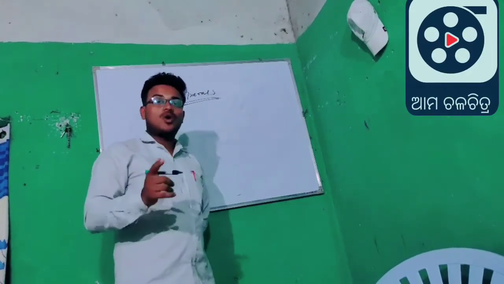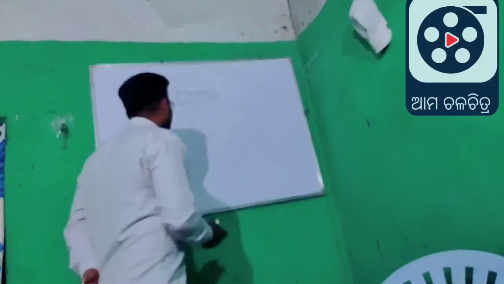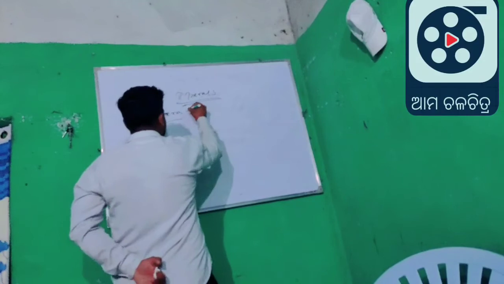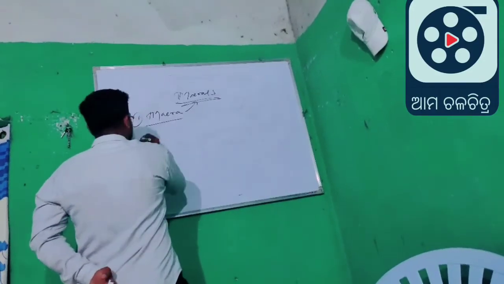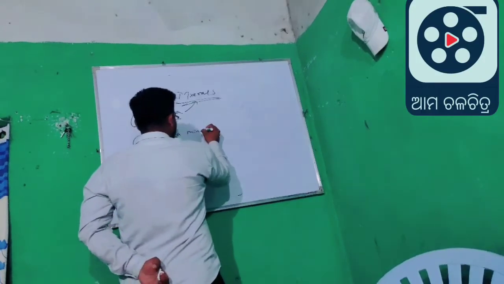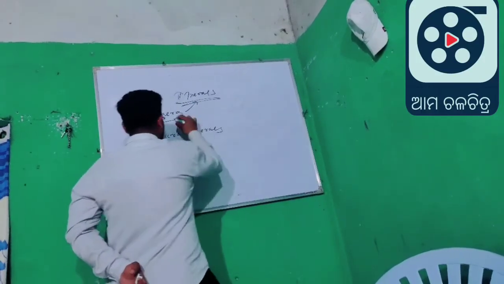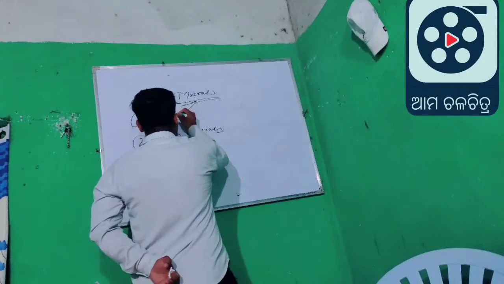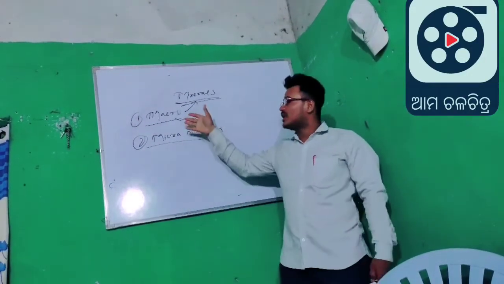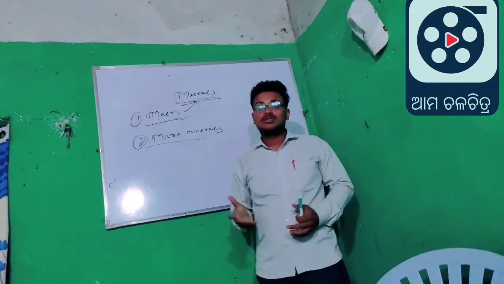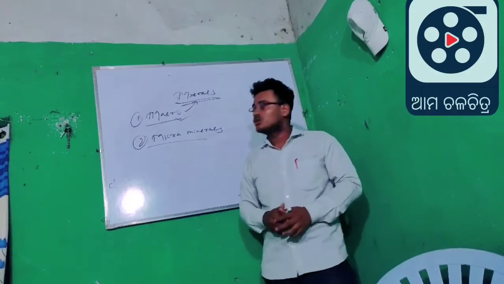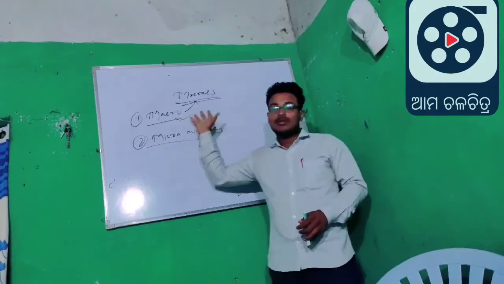Two types of minerals are there: macro minerals and micro minerals. Macro elements are those mostly necessary in huge amounts, and micro elements are those needed in much smaller amounts.